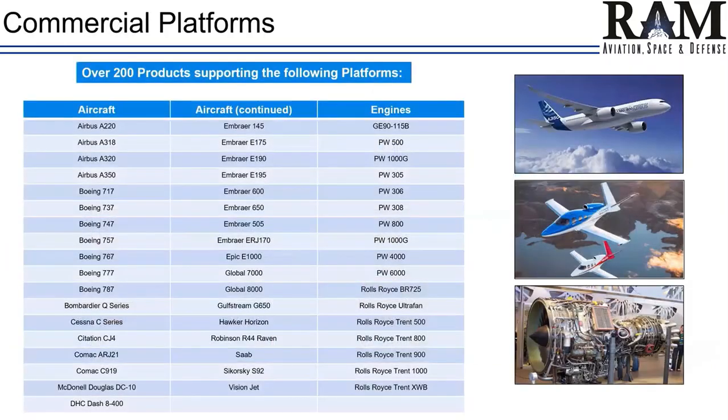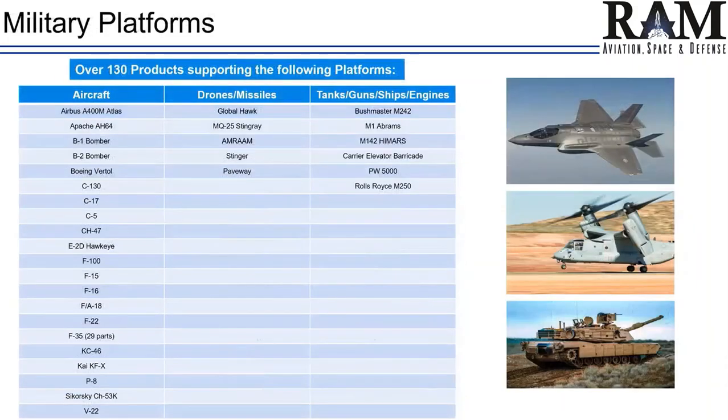Just a quick overview: some of the commercial platforms, commercial aircraft and engines, that we're on, and some of the military platforms we're on. We're on various military aircraft, some drones, tanks, guns, ships, all sorts of stuff. This is where a lot of our CMMC requirements are being fed down, as a function of these products.